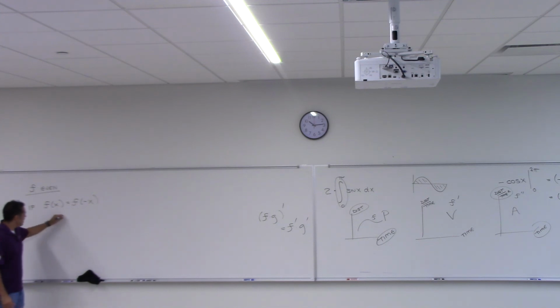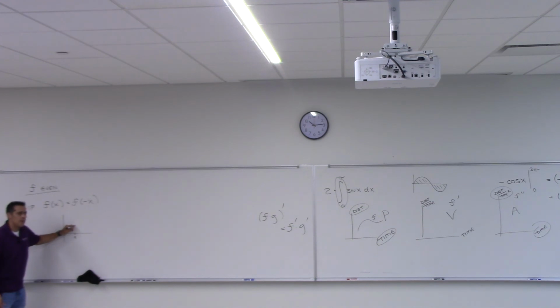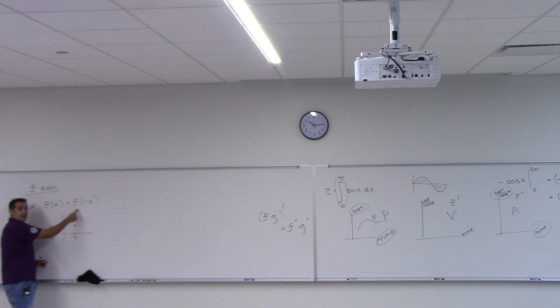But the most important thing is this, when you graph it, it is symmetric to the y-axis. So think about that. If I plug in an x value, I'm going to get an answer, right? If I plug in that same value but negative x, I should get the same value because that's what it means to be even, right? And that's what it should do for all values.